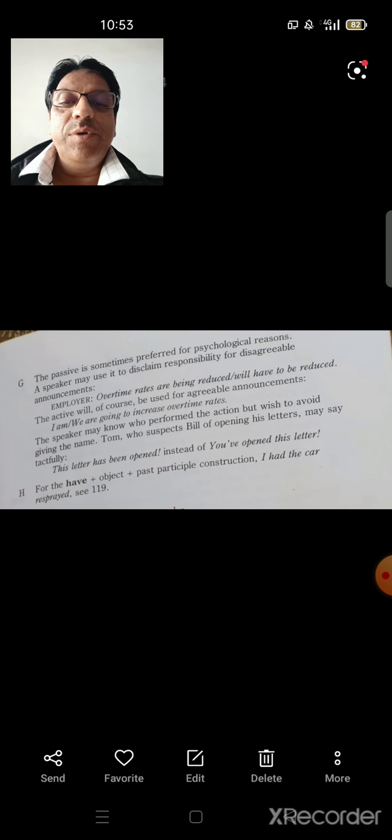Now let's have a look at this example when the employer says that overtime rates are being reduced. So in this case, the employer does not want to associate with this activity, which will not be liked by the workers because the overtime rates are being reduced. But just have a look at the next sentence, in which case he says that we are increasing the overtime rates.